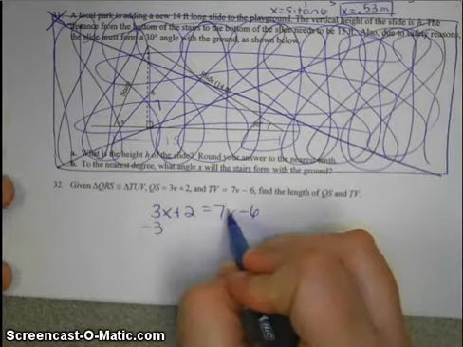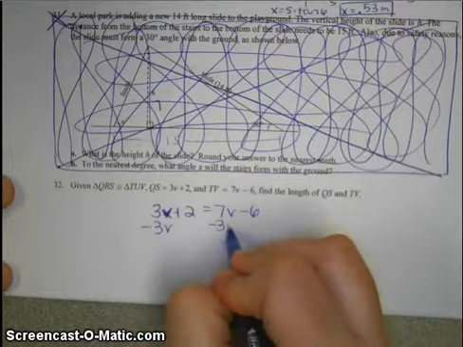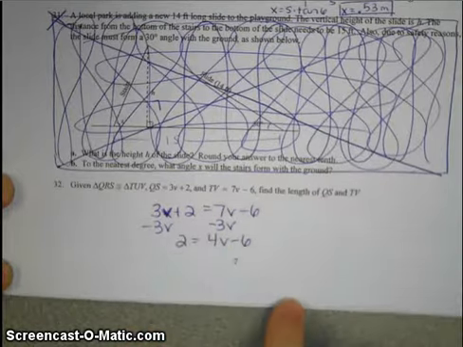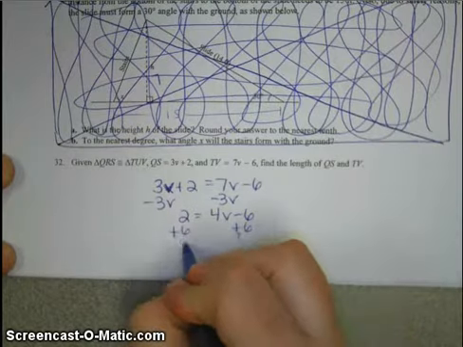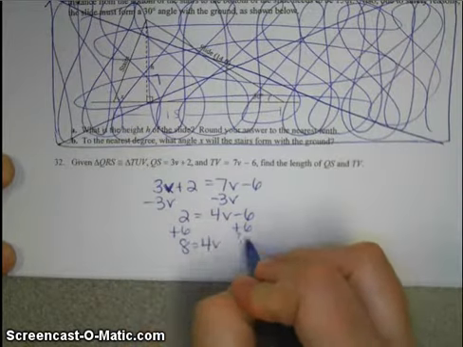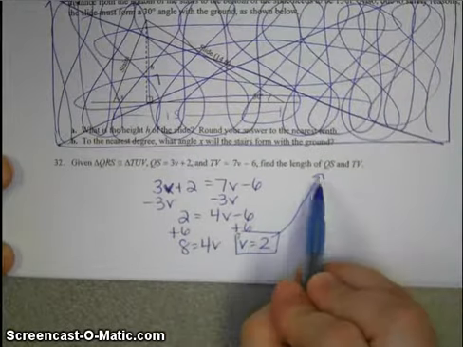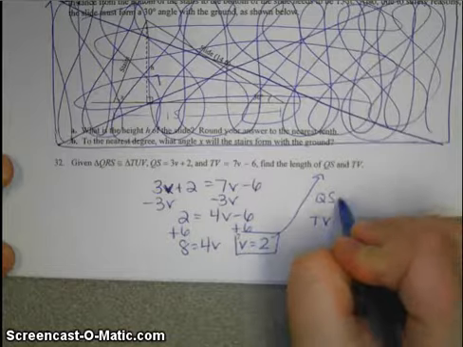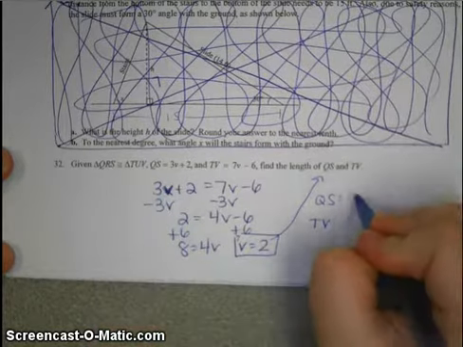Oops, I wrote X, sorry. And now we also want to plug this in to find the values of QS and TV, which I know are congruent. So 3 times 2 is 6, plus 2 is 8.